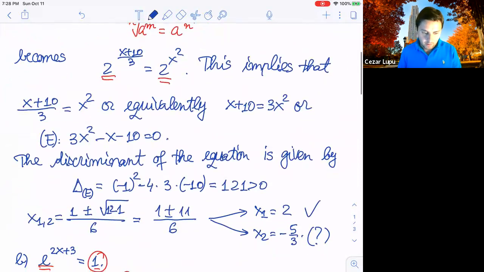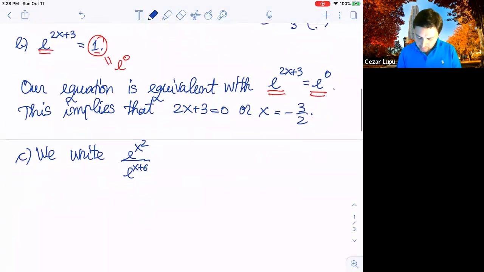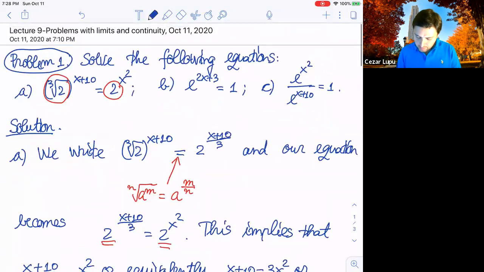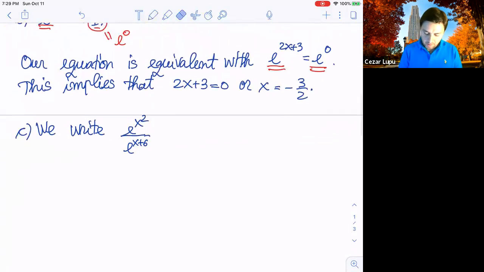Oh, plus 10, I'm sorry. Plus 10. Anyway, it doesn't matter, equals 1. Here we go, the same story again.